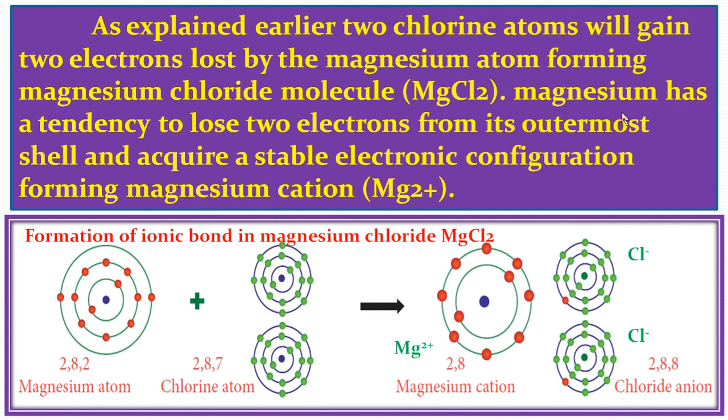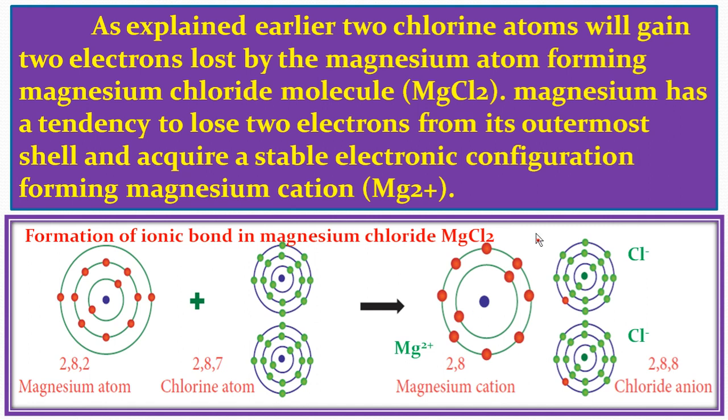Magnesium has a tendency to lose 2 electrons from its outermost shell and acquire a stable electronic configuration, forming the magnesium cation Mg2 plus. Each chlorine atom gains 1 electron to form a chloride anion, so 2 Cl minus.